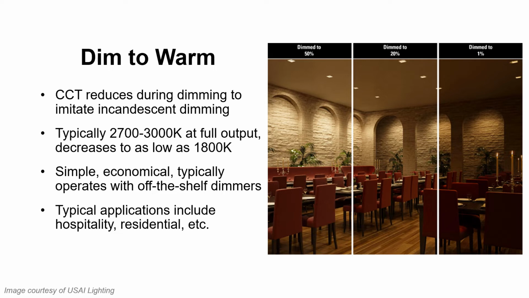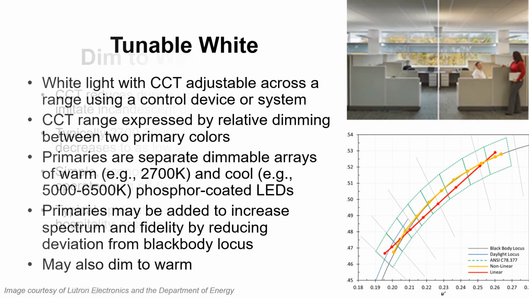Typically, these products operate at 2700 to 3000 K CCT at full output and gradually decrease to as low as 1800 K or the color of candlelight during dimming. The technology is relatively inexpensive and requires no additional design or commissioning. It is well suited to applications where incandescent dimming is valued, such as residential, hospitality, and restaurant applications.